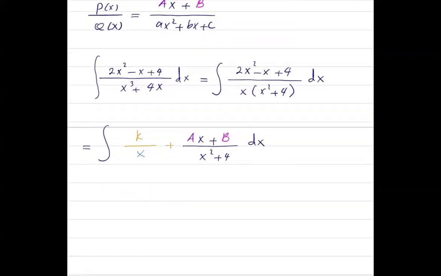So when you take a common denominator between these two fractions, the common denominator is x times (x squared plus 4). On the left-hand side, you have 2x squared minus x plus 4. On the right-hand side, you end up with k times (x squared plus 4) plus x times (ax plus b).